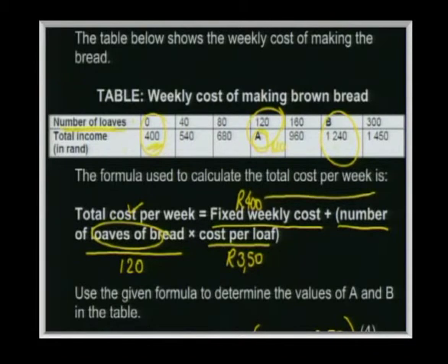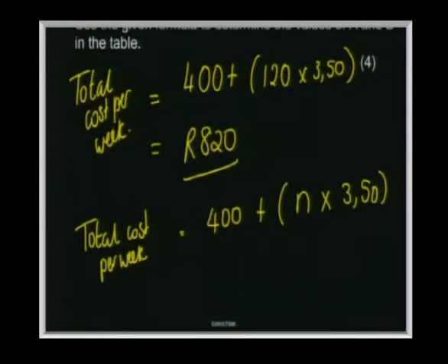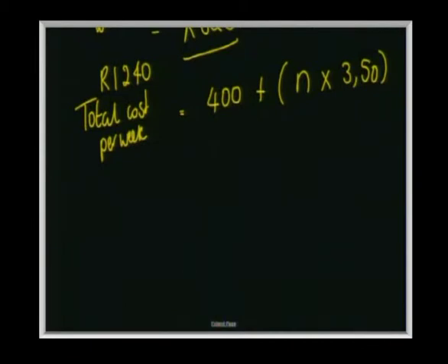It's 1,240. So let's write that out as a reasonable equation. 1,240 is equal to 400 plus 3 Rand 50 times N, which could be written as 3 Rand 50 N.